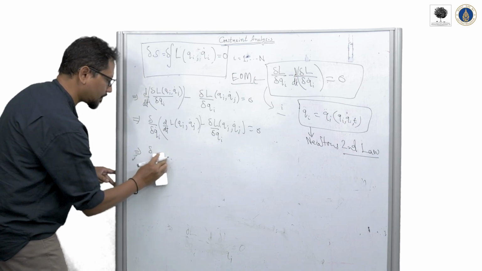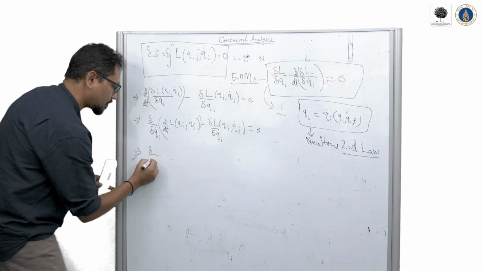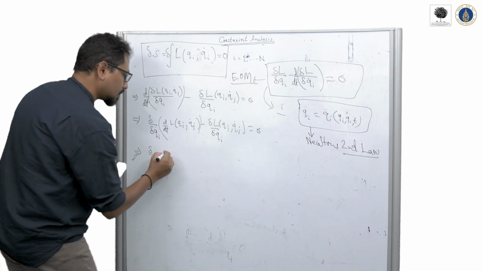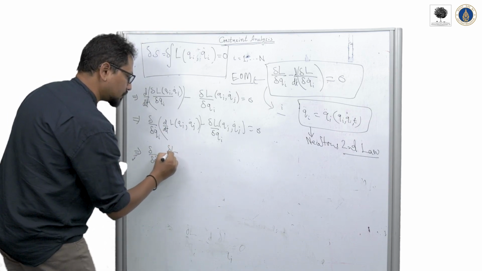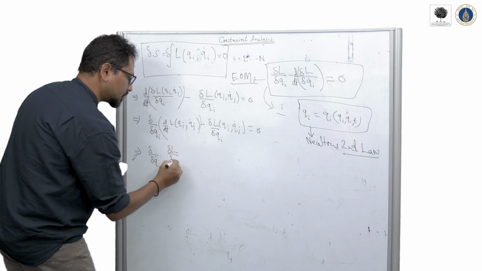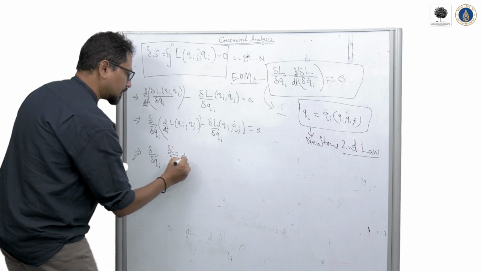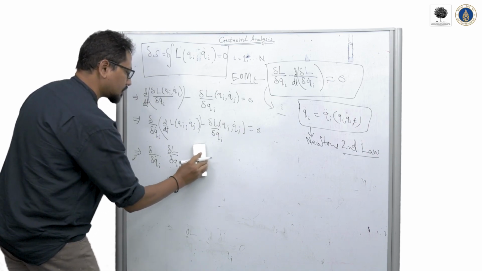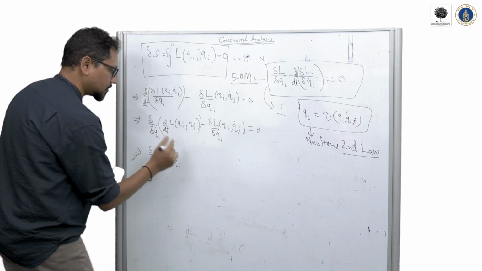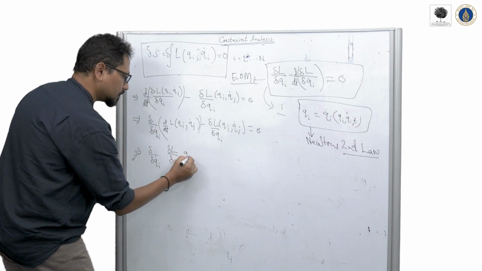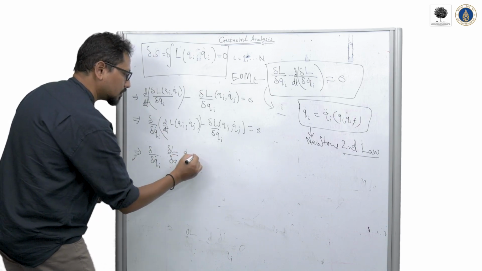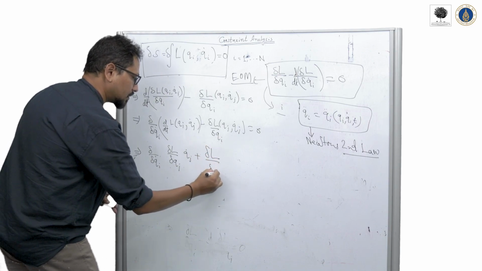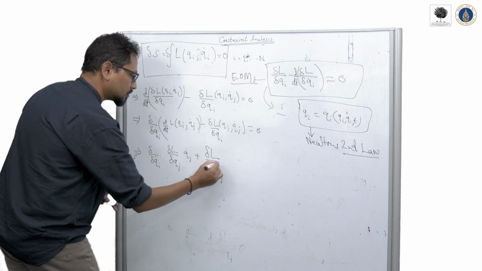Okay, del L by del Qj plus, sorry, there is a dt over here, so it will be Qj dot plus del L by del Qj dot.